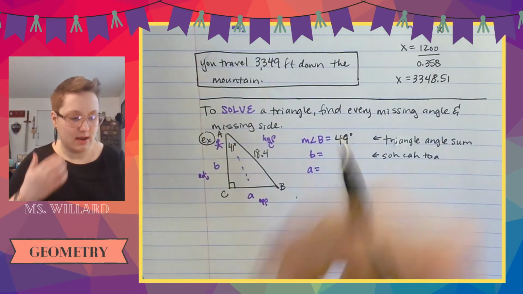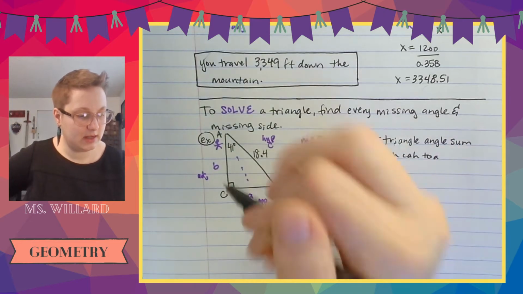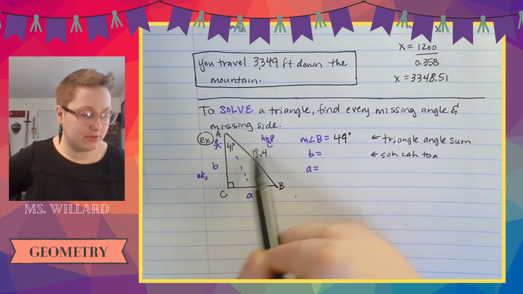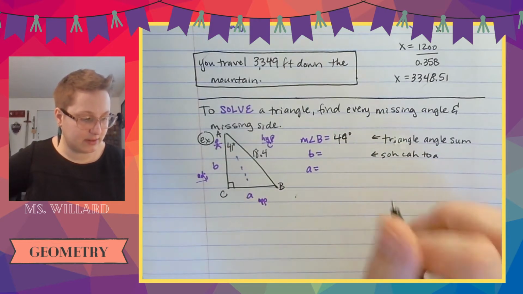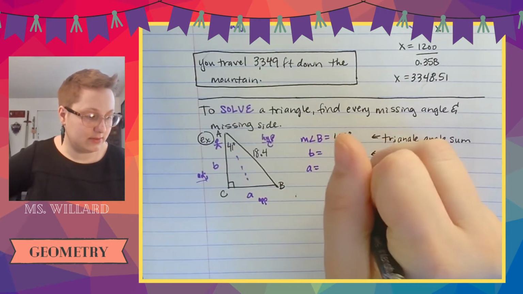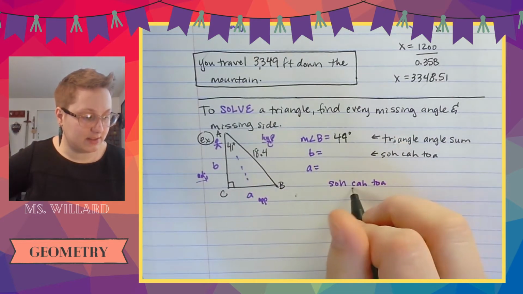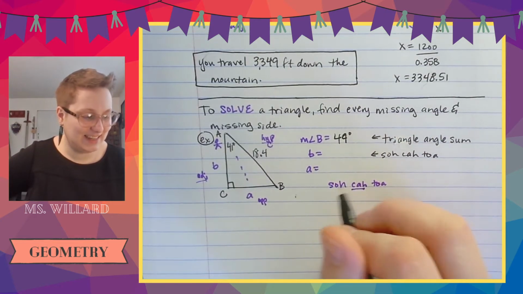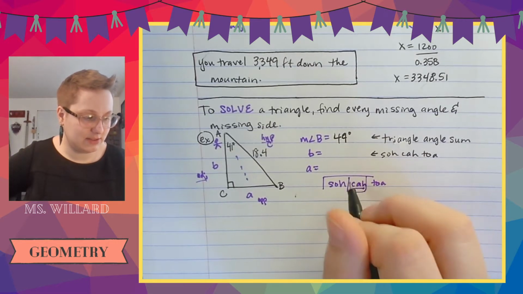Okay. So if I want to use SOH CAH TOA to find B, for adjacent and hypotenuse, I would use cosine. But I'm going to show you my work. Adjacent and hypotenuse is CAH. Oops, I usually just do that.